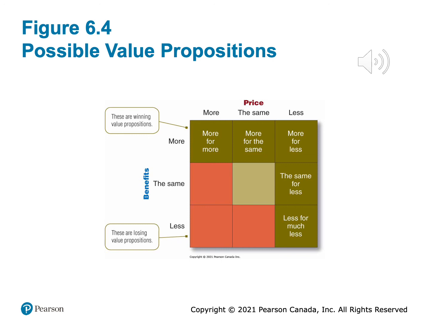So same benefits as all the competition that are out there, but you offer that at a lower price. Or you can choose to offer less benefits to your customers, but at a lower price. Those are just some, and again, this particular graphic is based primarily on benefits and price. There are other ways you can be different as well, but this is just a very simplistic way of understanding various value propositions.